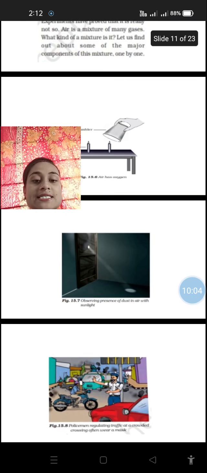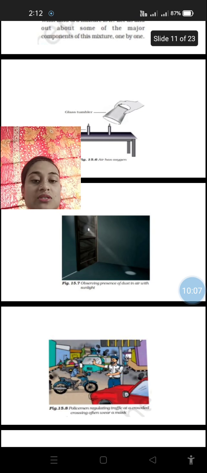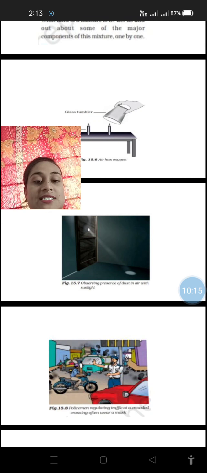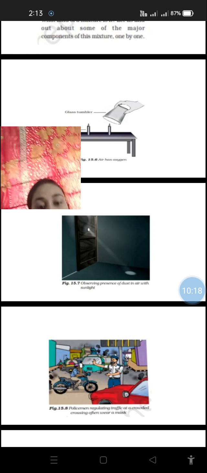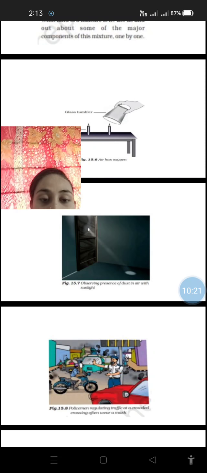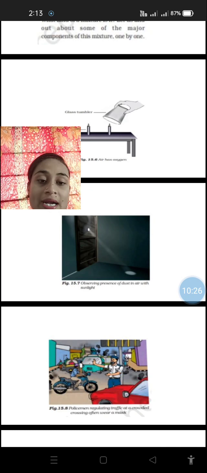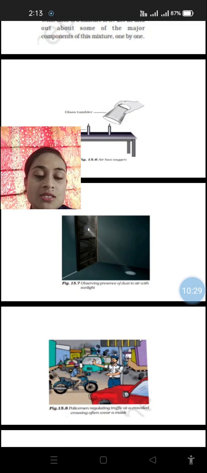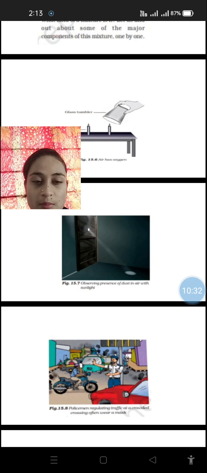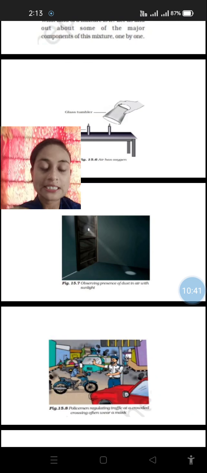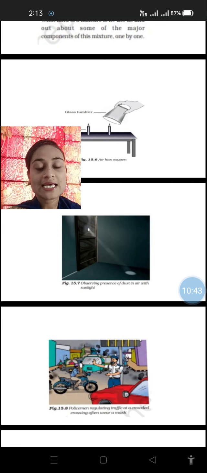Now the next one is, as we can see, a closed room with a hole in the door, and a white light is coming inside, showing the presence of dust in air with sunlight. Here we see white light coming from the hole, but it is not just light; there are millions of small particles which we are not able to see with our naked eyes.